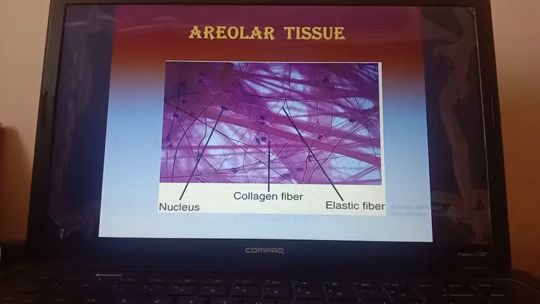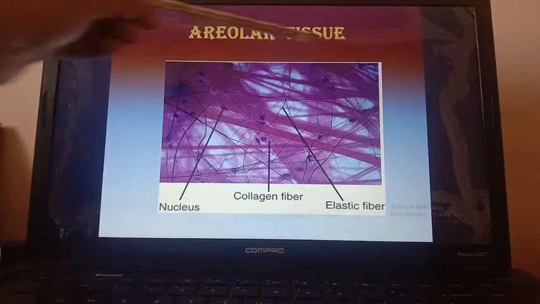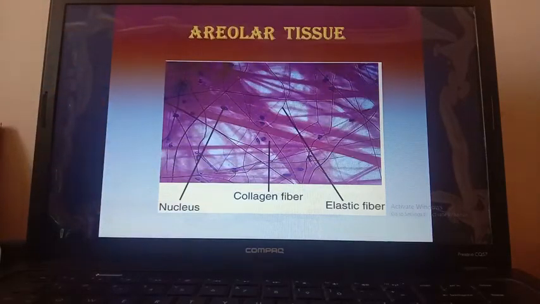So first we are going to discuss the areolar tissue. You can see the picture of the areolar tissue. It forms a continuous layer under the skin and fills up the spaces between organs and acts as packing material around the organs.